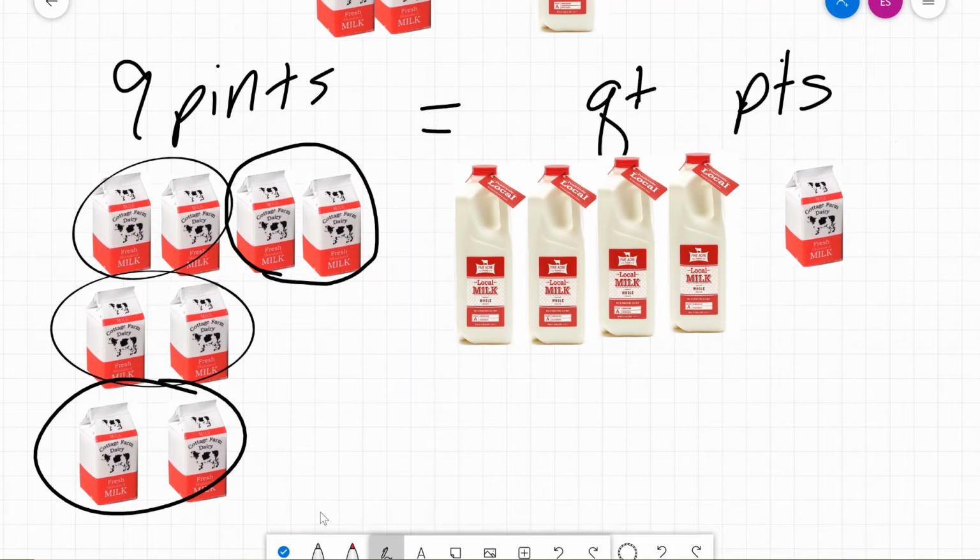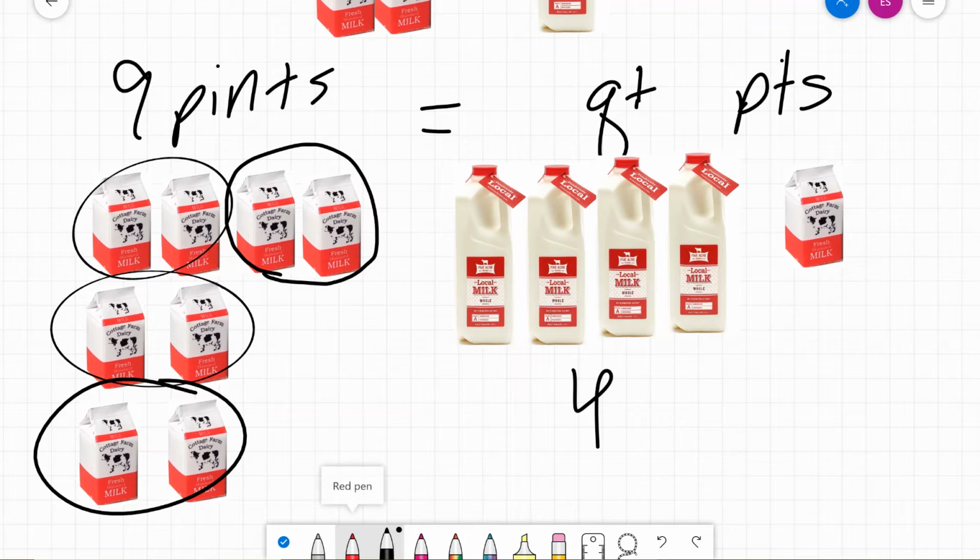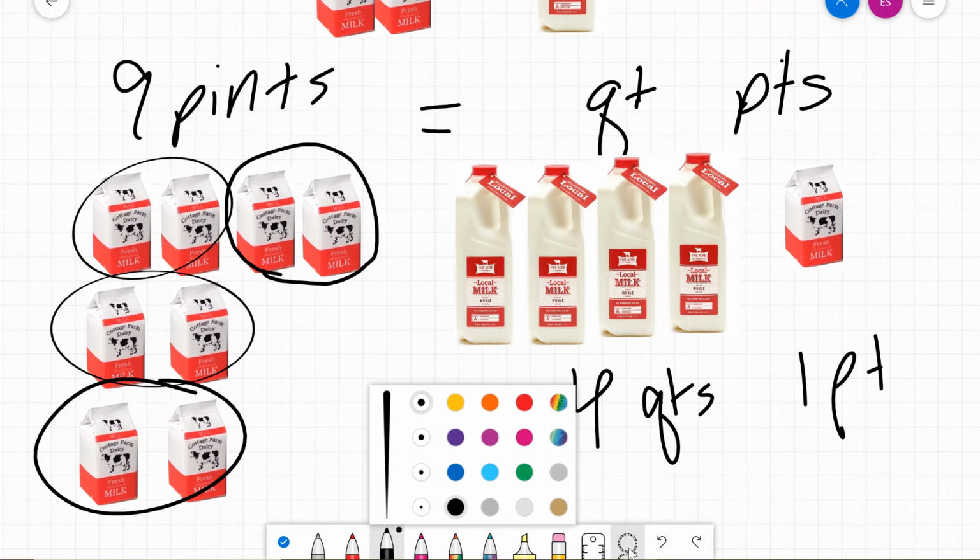So that's how I would figure it out if I were doing it using pictures. And that's basically what's going on: we have the same total volume of milk on both sides of these equal signs, but on one side we have 9 pints, and on the other we have 4 quarts and 1 pint. 2 different ways of talking about the same amount of measurement.